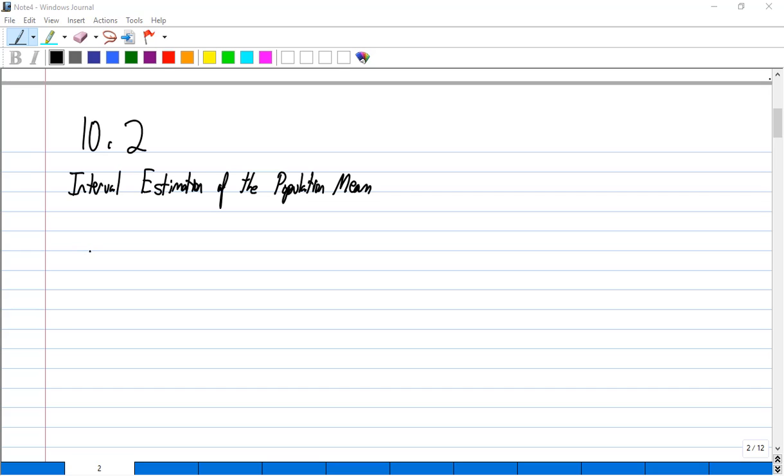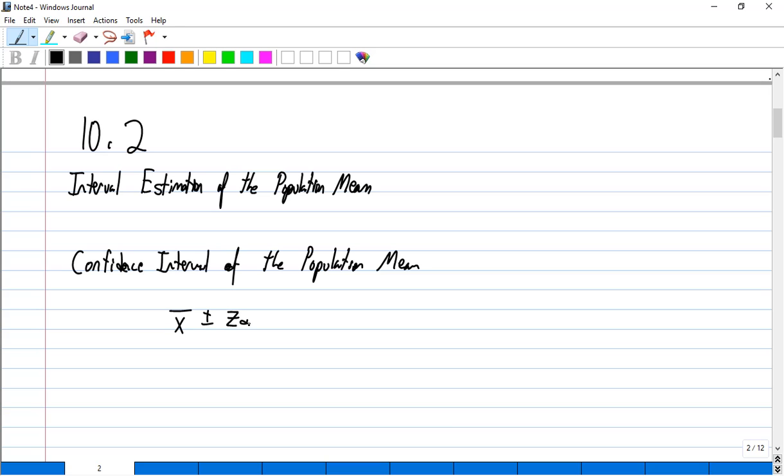The confidence interval of the population mean is X bar, we know what that is, that's our sample mean, plus or minus Z sub alpha over 2.